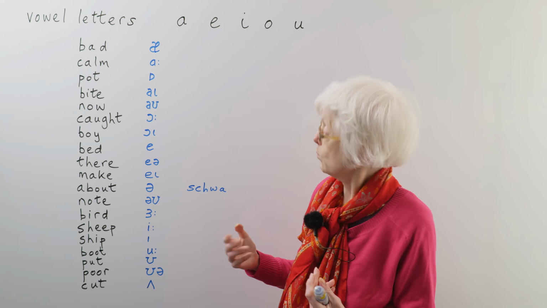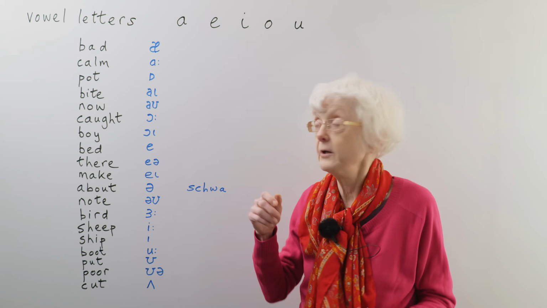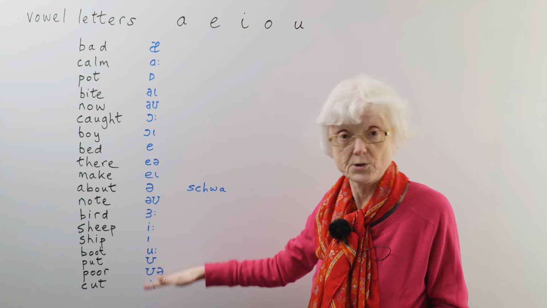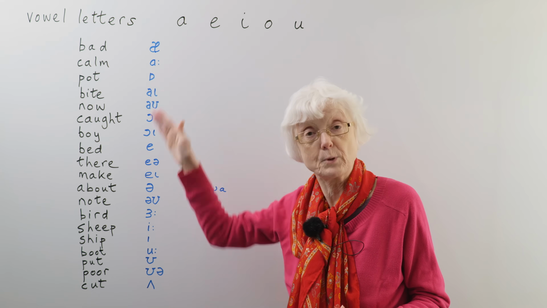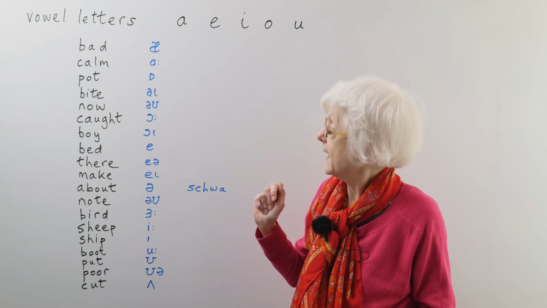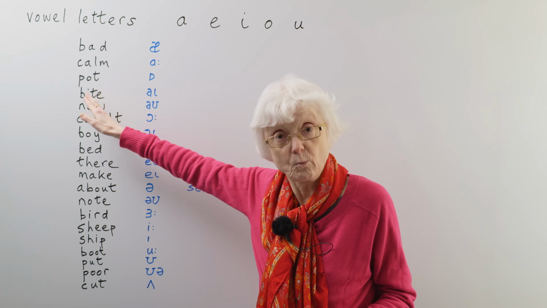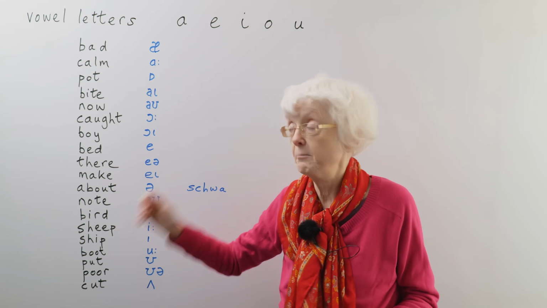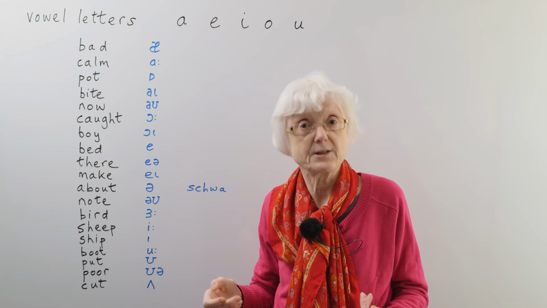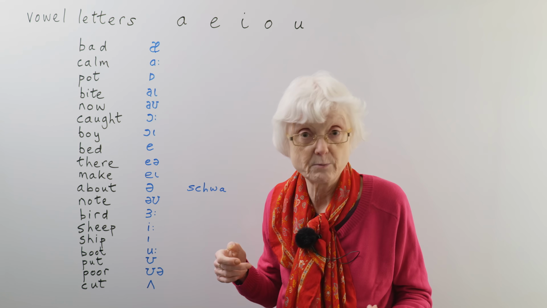So what we have here on the board are 19 vowel sounds, the main ones in British English, and we've got an example word in the left-hand column to demonstrate what that vowel sound sounds like.